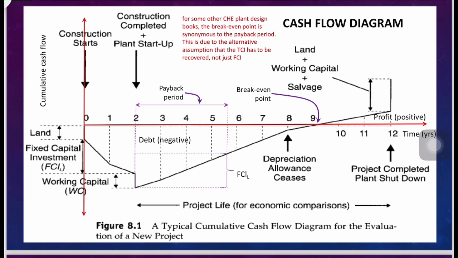Okay, and then as you can see at years 2 and above, there's already a decrease in the cash outflow. That is because at year 2, okay, we start working, or the plant start-up is at year 2.